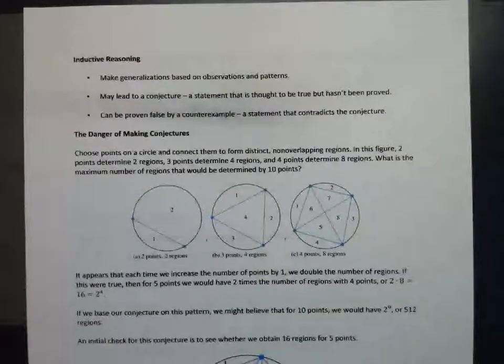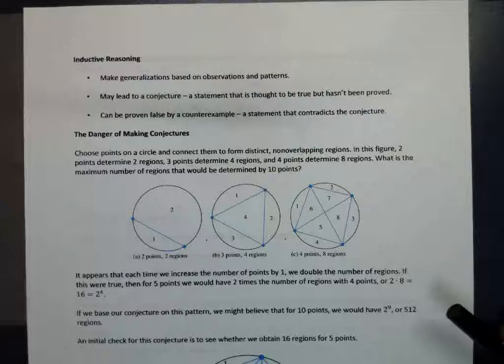All right, now let's look at two types of reasoning. One of them is going to be inductive reasoning. And in inductive reasoning, you're going to make generalizations based on observations and patterns. Okay. Now, this might lead to a conjecture, which is a statement that is thought to be true, but hasn't been proved.